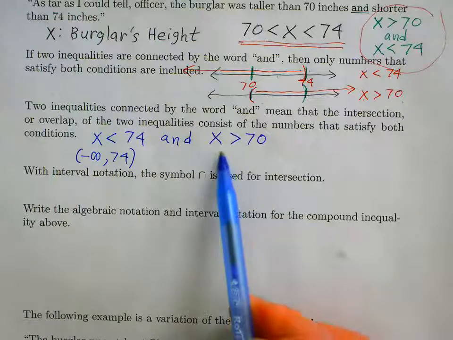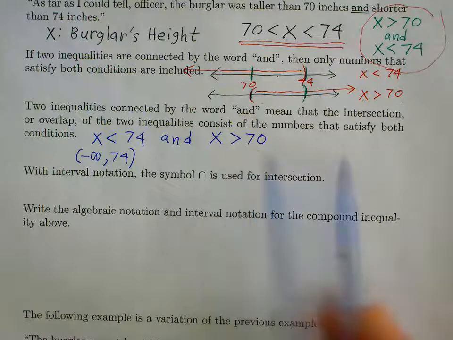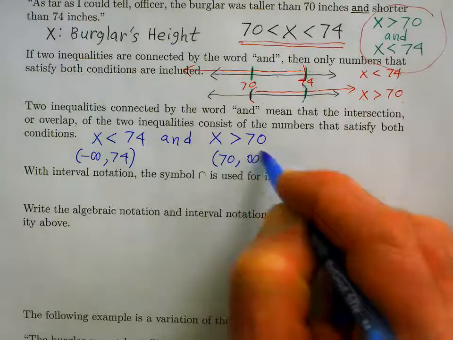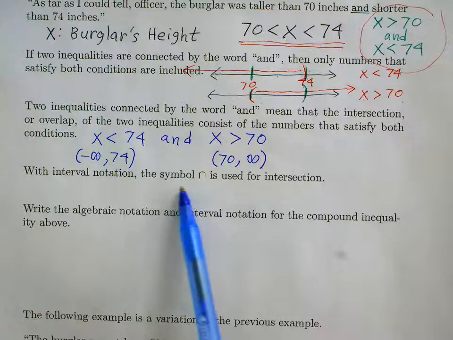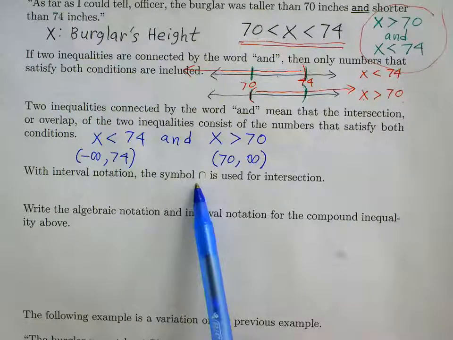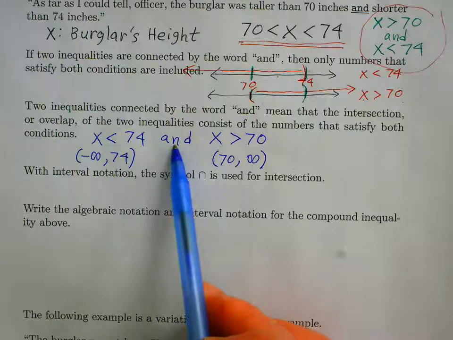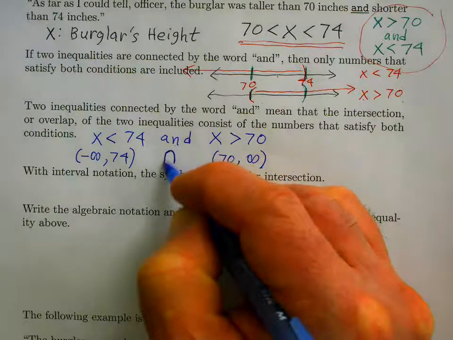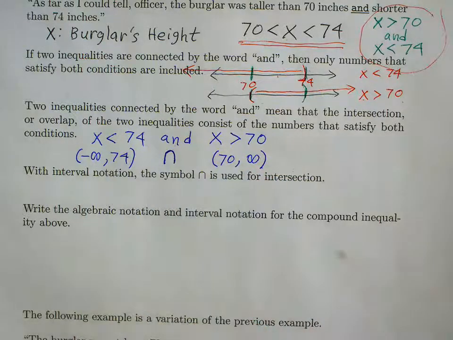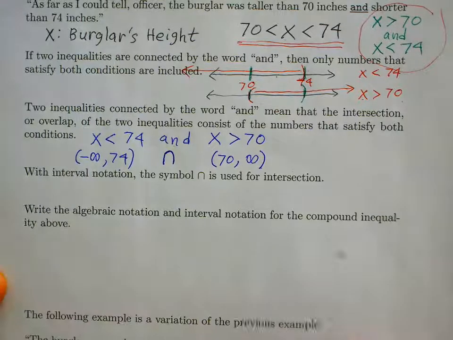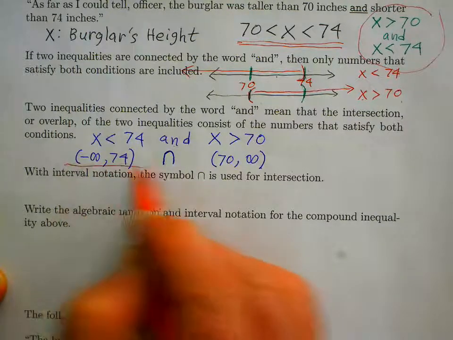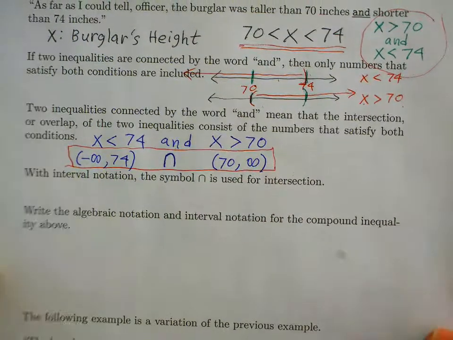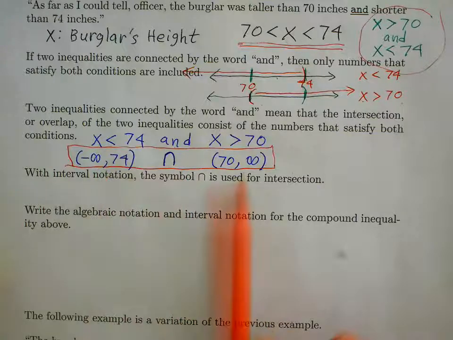The interval notation for x greater than 70 is parenthesis 70 comma positive infinity. And down here we're using this symbol for the intersection, which is what the word and implies. So I could put the intersection symbol between those two sets of numbers, and that is one way to write those numbers. It's the intersection or the overlap of those two sets.